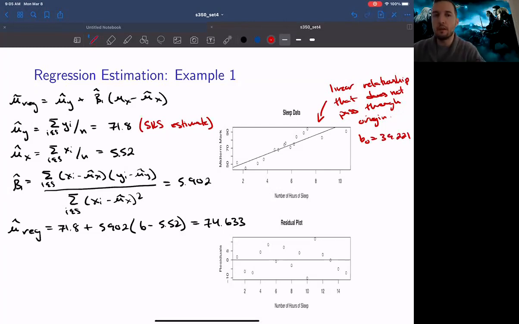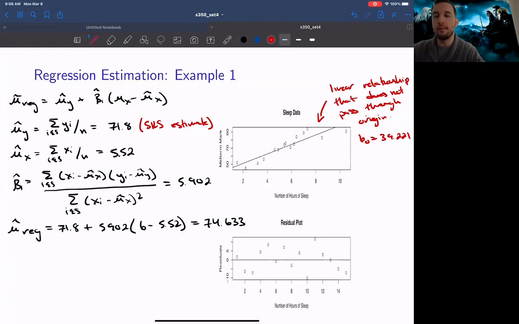Regression estimation serves the same purpose as ratio estimation, but only in regard to the second of those two objectives. What I mean is we use regression estimation as a tool to improve our estimate of a population quantity like the mean or the total.